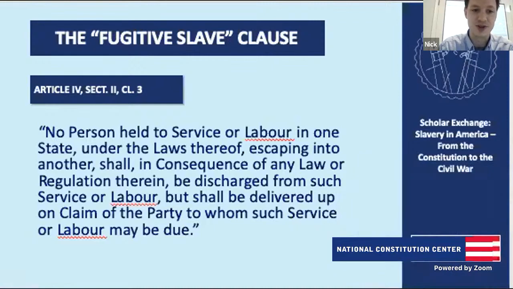No person held to service or labor. People would have understood what that meant. It's under state law, but they can be essentially reclaimed. But it requires Congress to pass a Fugitive Slave Act in 1793 in order to actually carry out this clause, right? So it did actually require congressional action. So those are some of the major pieces.